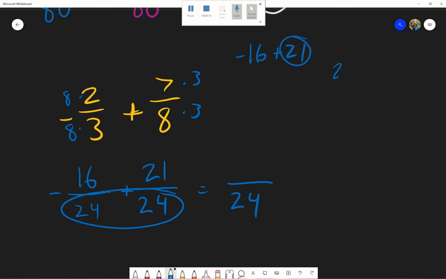And then I'm going to subtract 21 minus 16. Borrow here. 11 minus 6 is 5. So I have a grand total of 5/24, and I leave it positive because I have more positives. And 5/24 is going to be my answer.